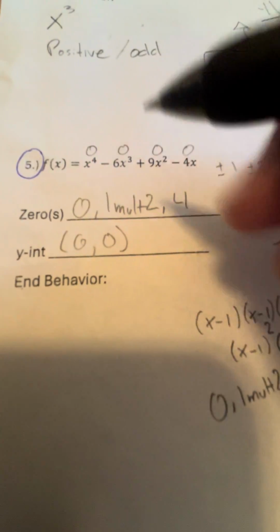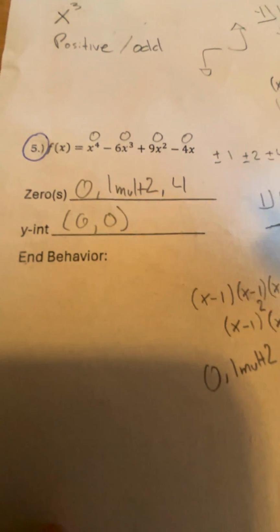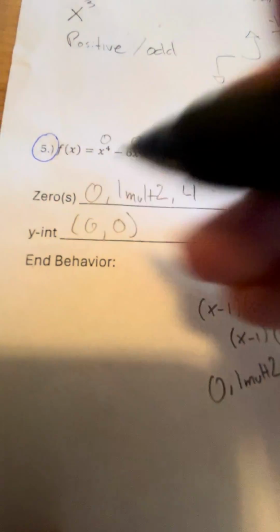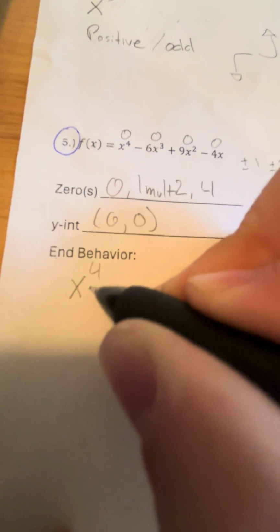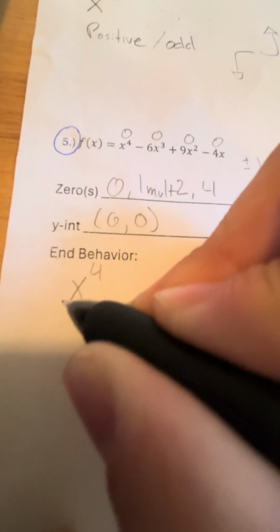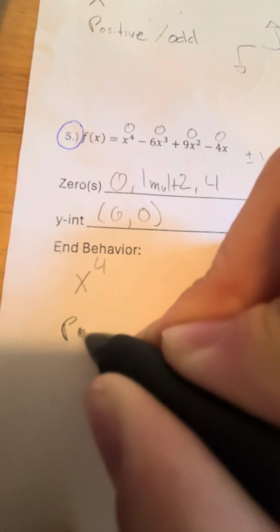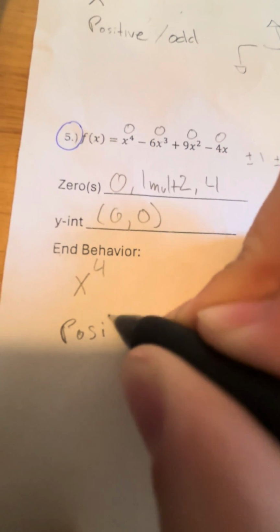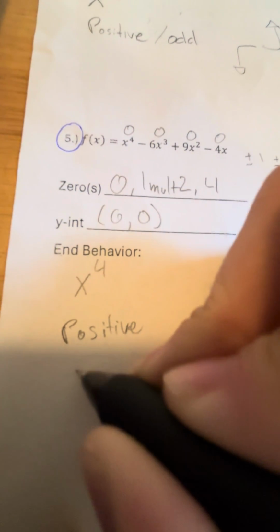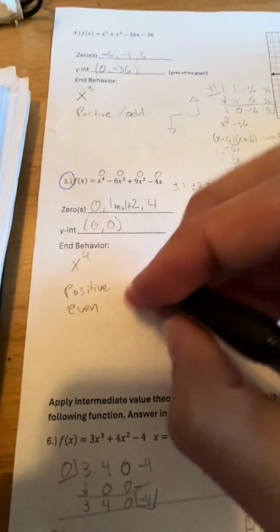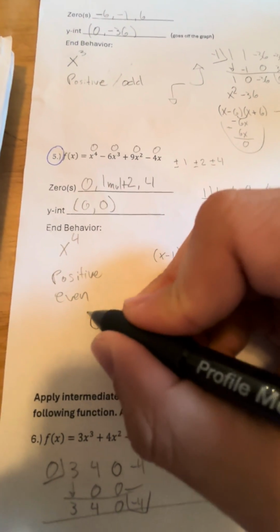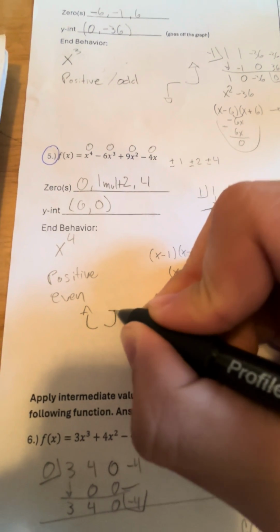So in the end, you just get 0. And then for end behavior, you want to look at this first leading coefficient once again. So it is a positive, and this is even, and positive and even makes it look like this.